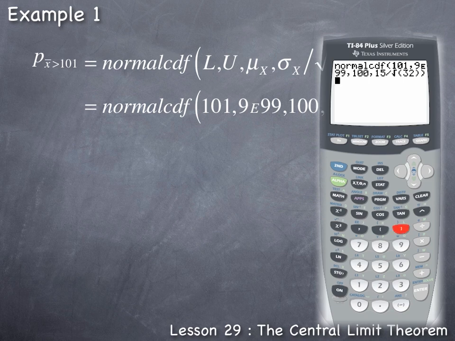Close parenthesis on the square root, close parenthesis on the normalcdf command, enter. And we find that the probability rounds off to about 0.353.